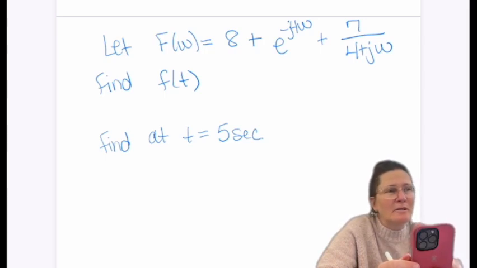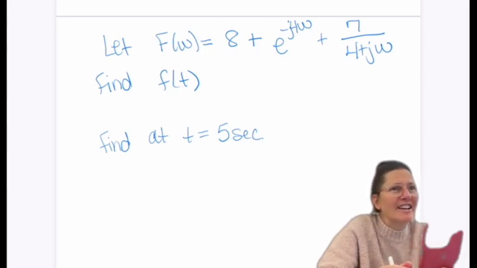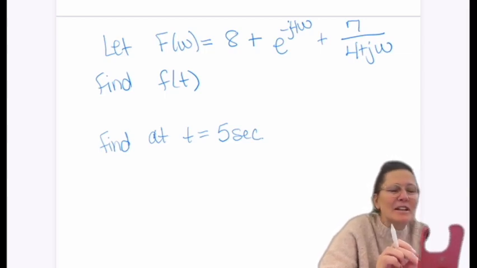You can leave the e, like you don't have to multiply out the e. You can leave that answer with the e in it.